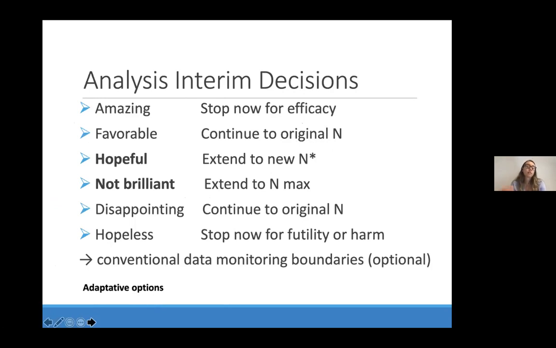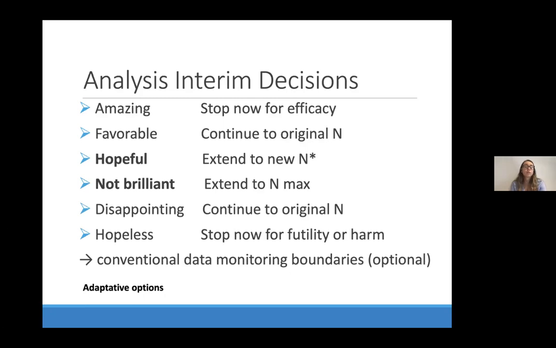So we can take several decisions thinking about an interim analysis, and all these decisions need to be planned, right? You could have amazing results and then stop the trial for efficacy. You can have favorable results and then decide to continue to your original sample size.